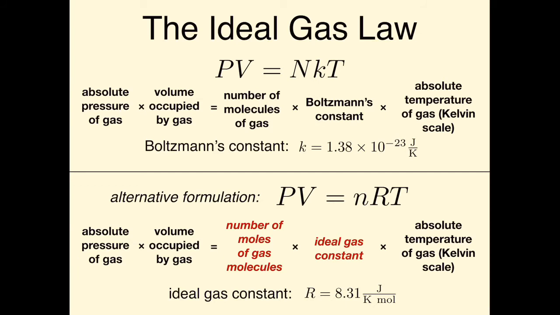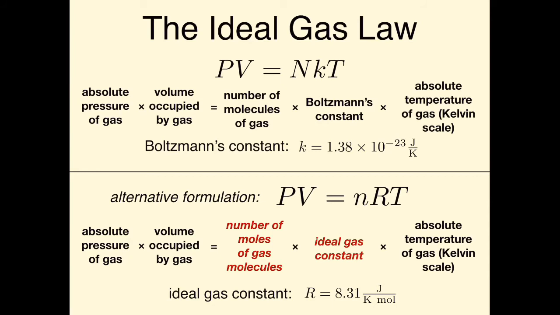So there's an alternative formulation given at the bottom of the page, and that's PV equals lowercase n times RT. So PV is still the pressure times the volume. That hasn't changed. But now, when we look at lowercase n, it's not the number of molecules. It's the number of moles of gas molecules. Okay? So it's just a different way of counting how many molecules we have.